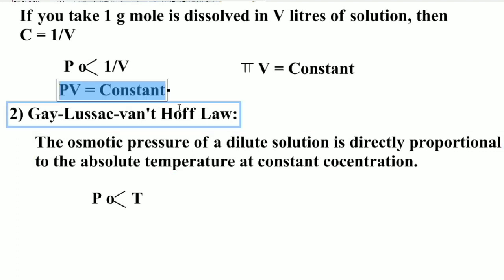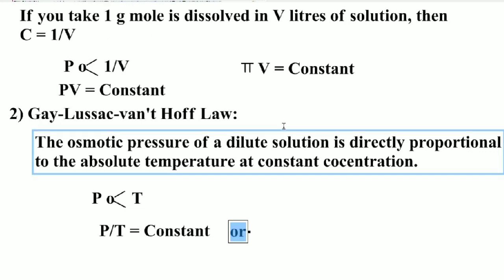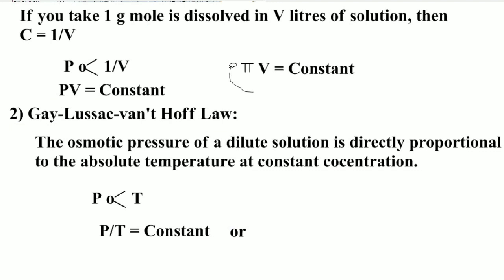Therefore, P by T is equal to a constant, or we can write pi by T is constant, since pi is the osmotic pressure of the solution.